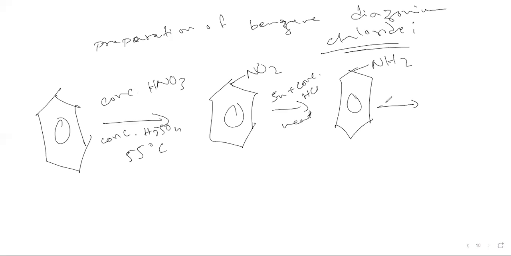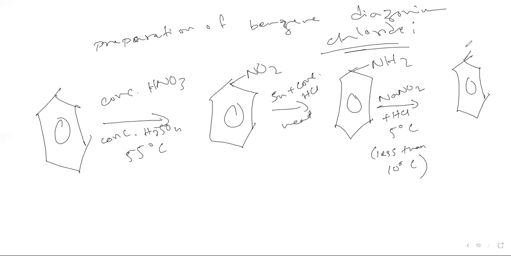Now, when we add NaNO2, sodium nitrite, with HCl at 5 degrees centigrade, okay? This is 5 degrees centigrade, or we can say this should be less than 10 degrees centigrade. If the question mentions, let's say, 6 or 7 degrees, any temperature below 10 degrees is perfect. But when asked to answer, just write 5 degrees centigrade, okay?